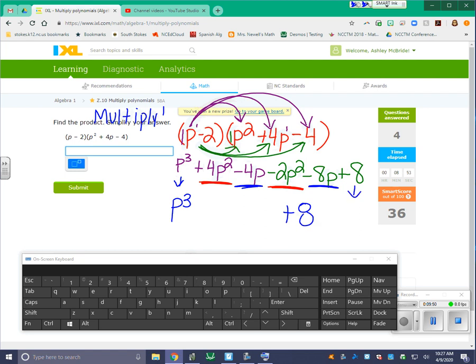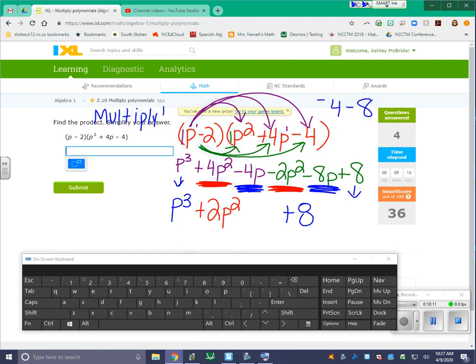All right. 4P squared minus 2P squared. 4 minus 2 is 2. And then we've got negative 4p minus 8p. Negative 4 minus 8.